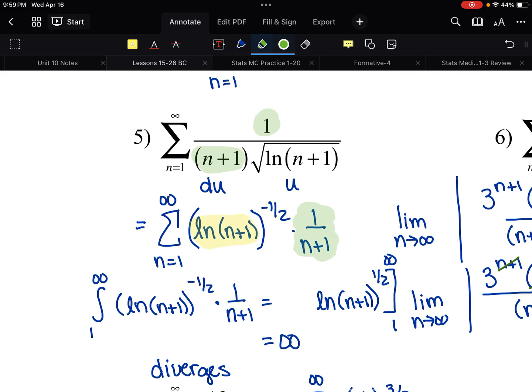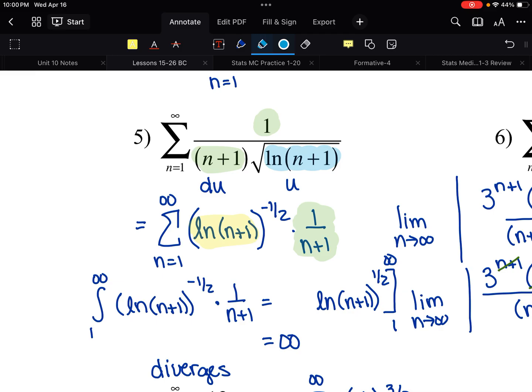On this one, what caught my eye, anytime I see natural log, that makes me think of the derivative of, or the antiderivative of, or u substitution, sorry y'all. When I look at this and I see natural log of something, what's the derivative of natural log?